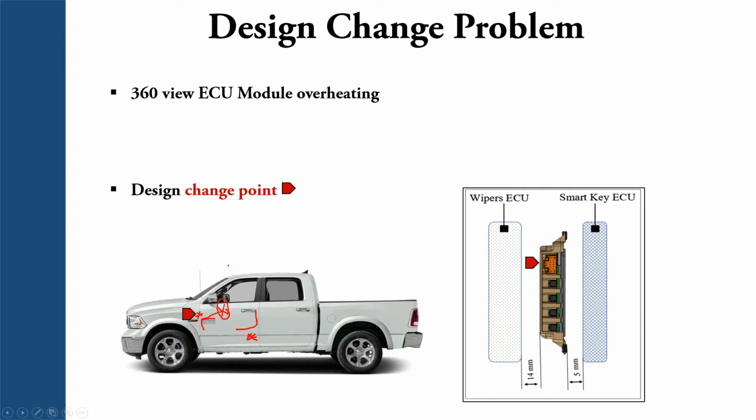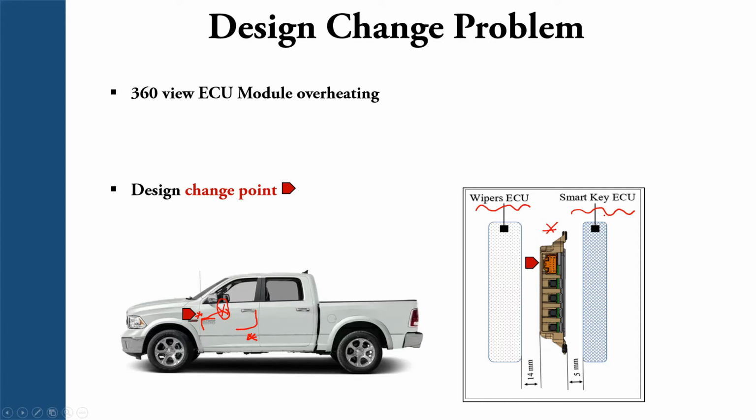So in this case, let's go to the right drawing in here. This is the module we're talking about, the ECU module. It's been overheated. Just to the left of that module, 14 millimeters away, there's the wipers ECU of that vehicle, and on the right, 5 millimeters away, there's the smart key ECU.